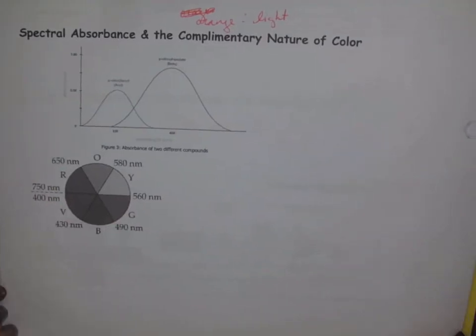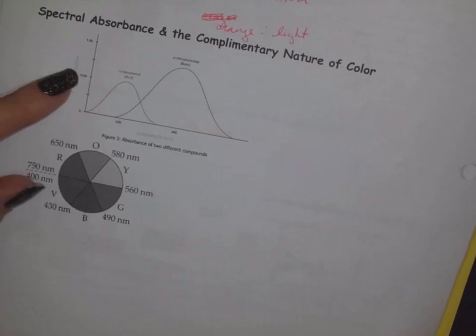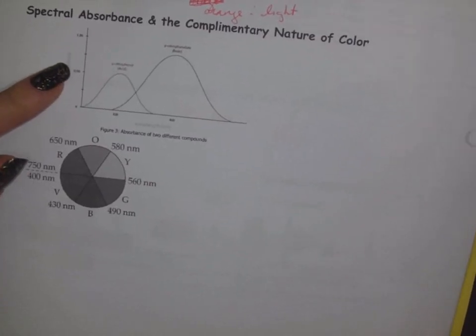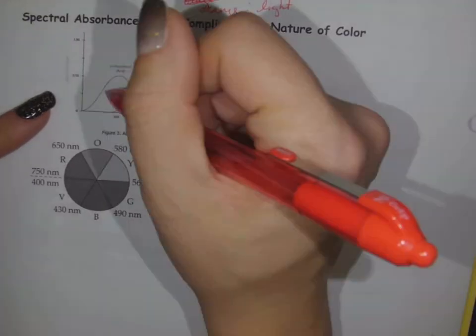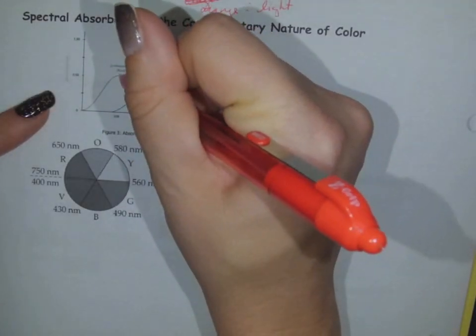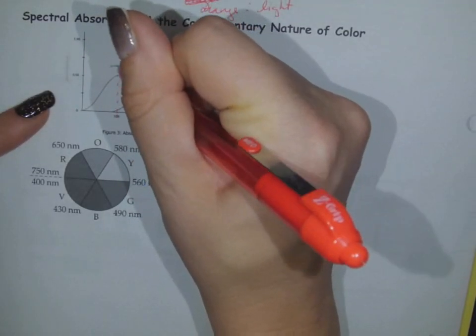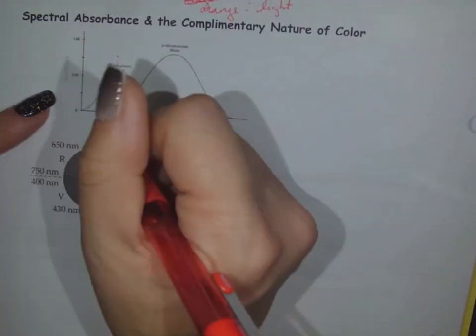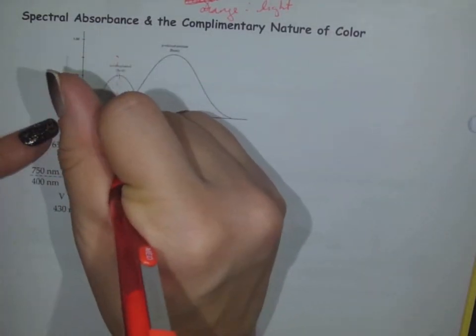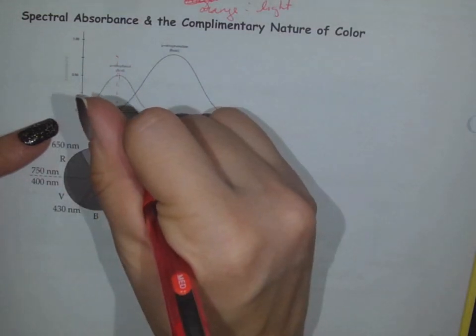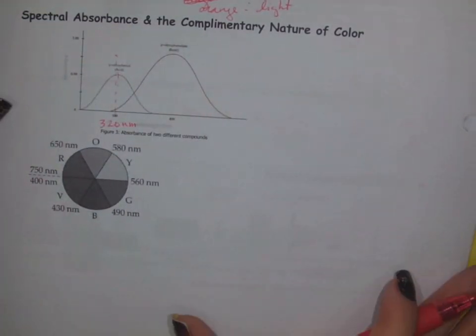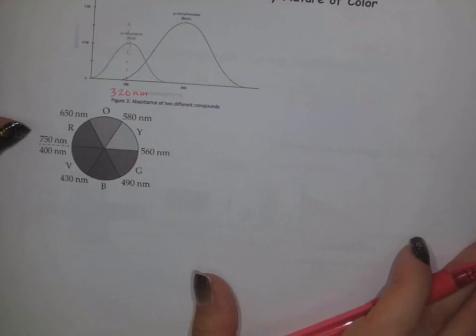So here we see absorbance happening for two different things. We have an acid and a base. The most absorbance is happening for the acid at 320 nanometers.